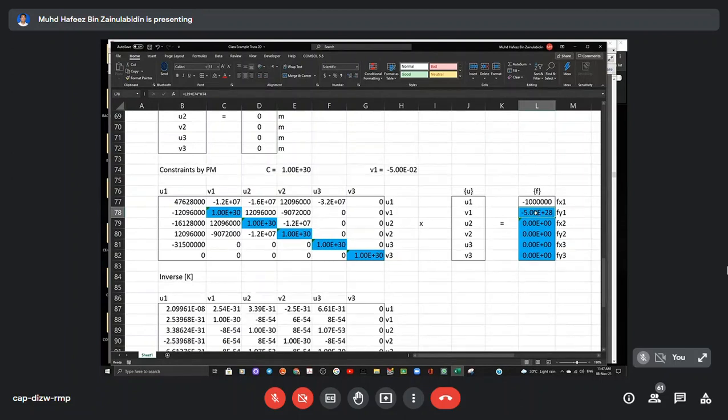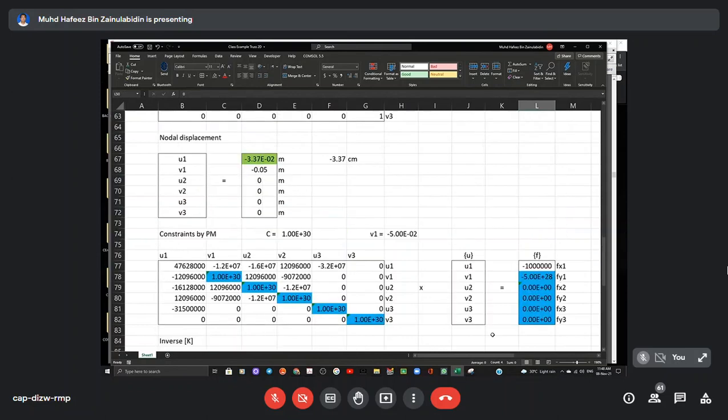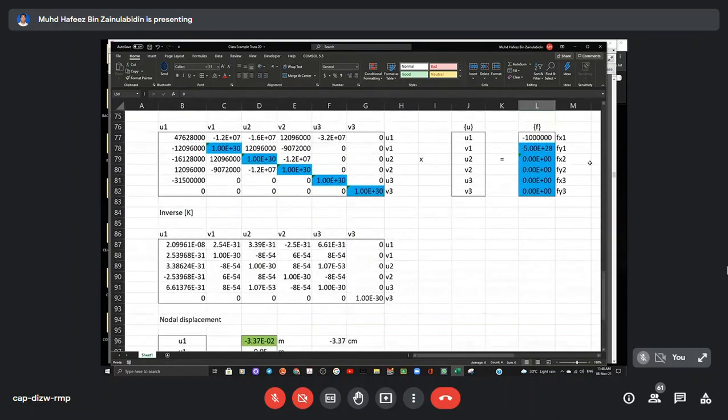C times constraint. Here, whatever the value, C times the constraint. Since our constraint here is minus 50 millimeter, here it equals the initial value plus C multiplied by the constraint. But since all these other constraints equal 0, C multiplied by 0 is 0, and the initial value here is also 0. So 0 plus 0 equals 0.